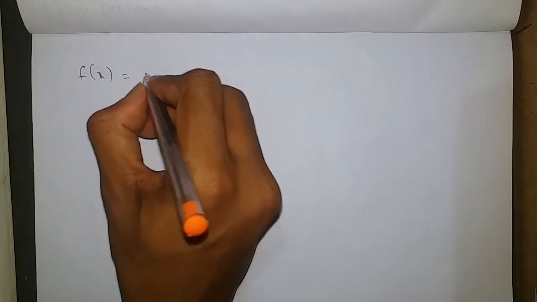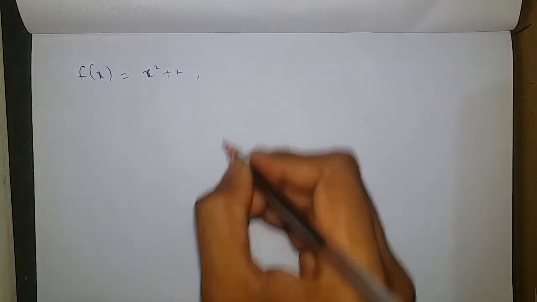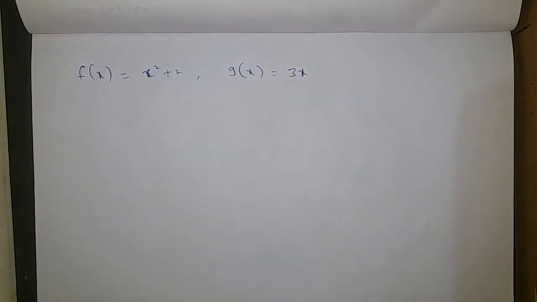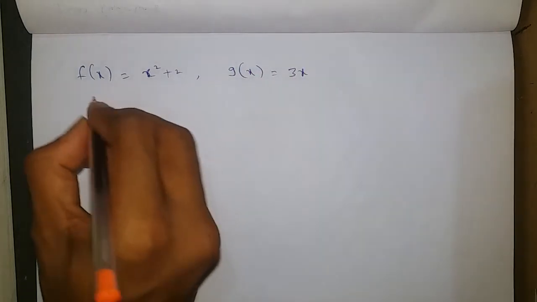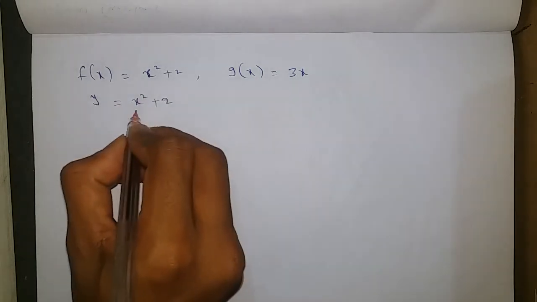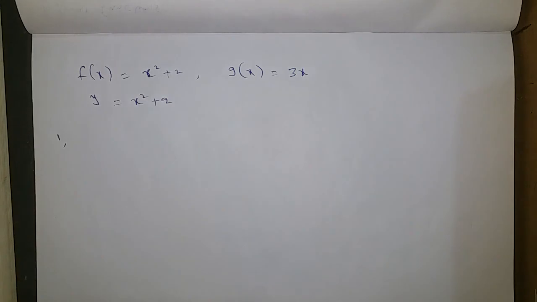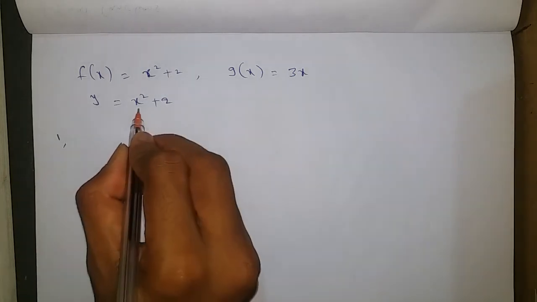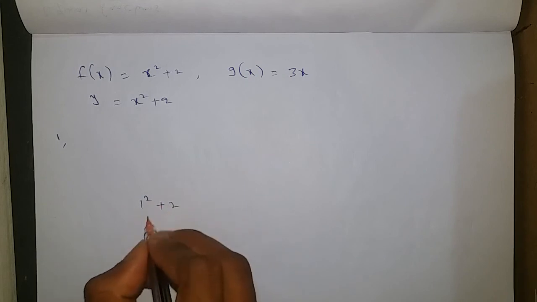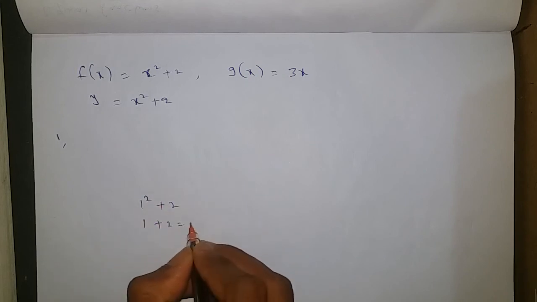I have a function f of x is equal to x square plus 2, and a second function g of x is equal to 3x. First for this f of x I am taking y. So y is equal to x square plus 2. In the place of x I am substituting 1. So what will we get? 1 square plus 2. 1 square is 1, 1 plus 2 is 3.